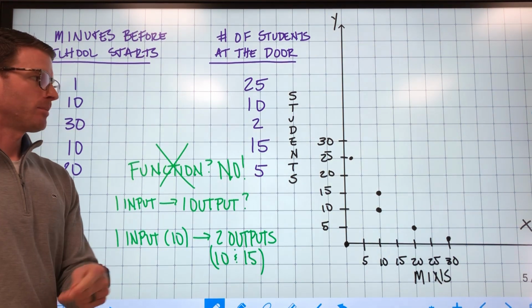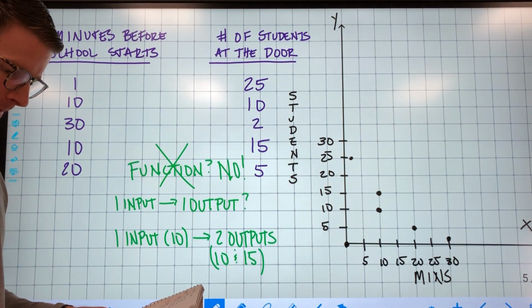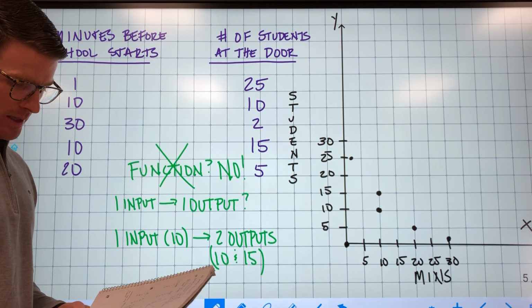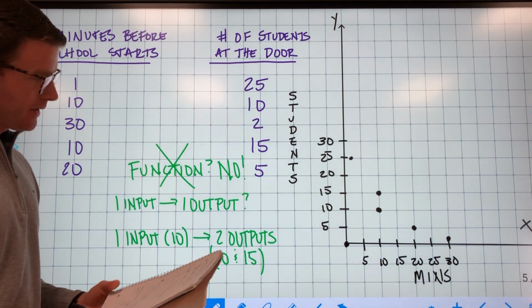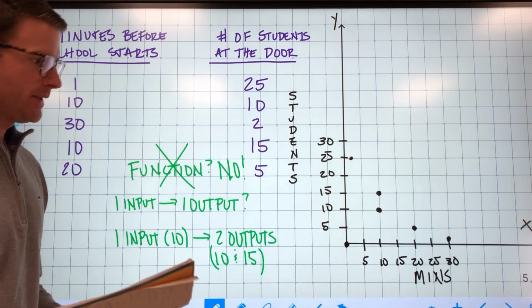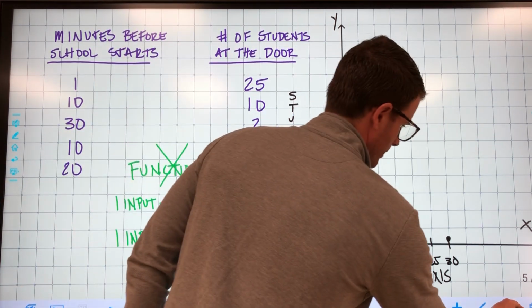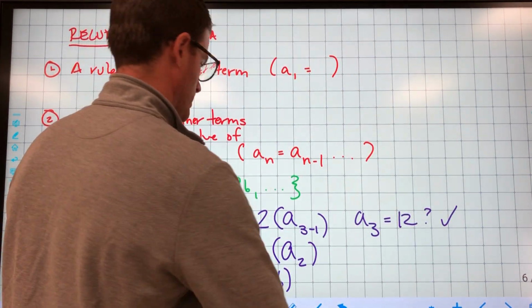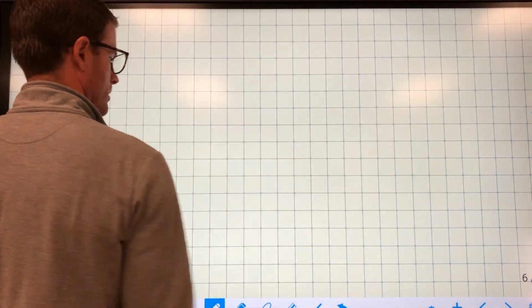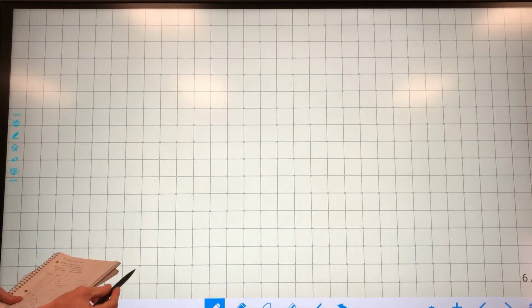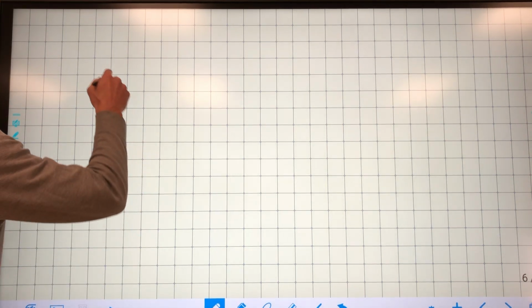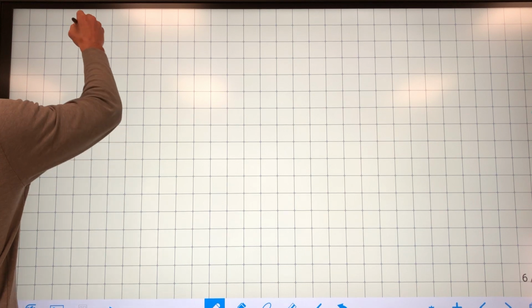Because I have 2 outputs for 1 input. All right. So then the next thing is this idea of a vertical line test. Sorry about that. All right. So we can also use a vertical line test.